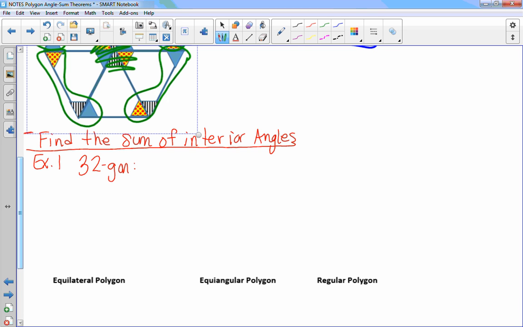Groups of 3 triangle angles, and times by 180. What'd you get? You have a degree sign on that? Okay, so you take 32, subtract 2 in parentheses, and then times by 180.